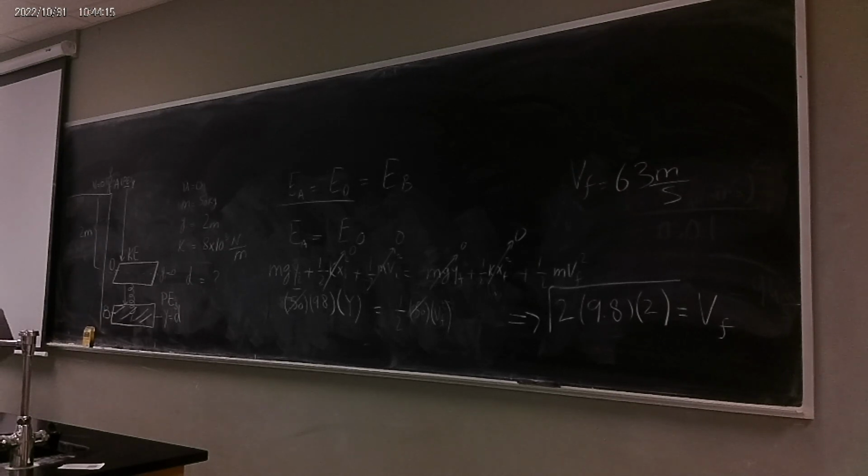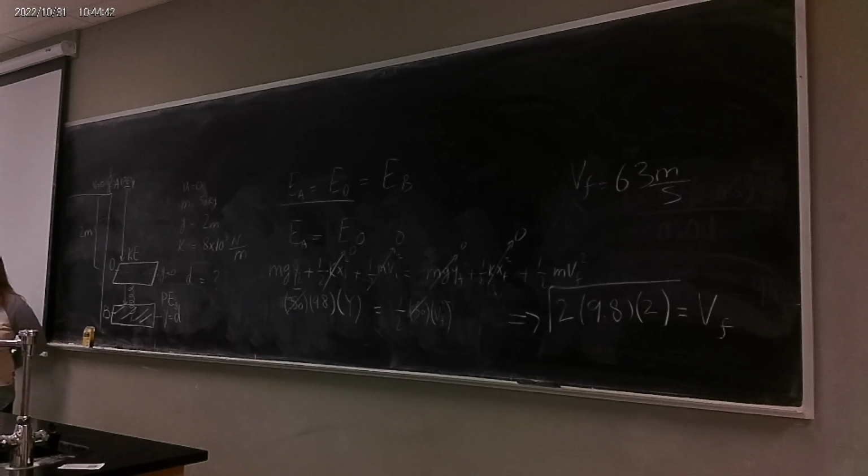Good. Is there any other way that we know of for finding speed other than the energies? Kinematics. It's like a drop object. You want to know the speed at the end of 2 meters. Yes, you can do it. You can use the kinematics equation.